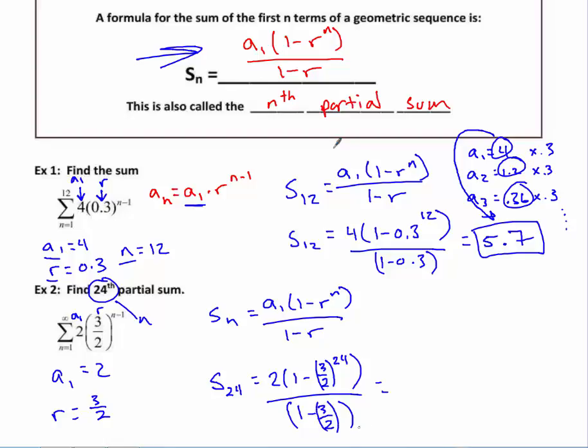Maybe play it safe and put some around the fractions too, so you don't mess any of that up. And you should come up with S sub 24 equals 67,332.4. And that's a whole lot easier than punching this out 24 times and then adding all the pieces together.